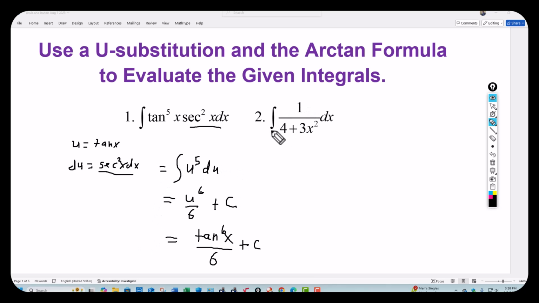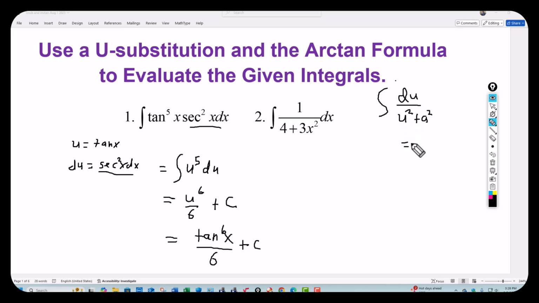Now this is the one that's going to involve the formula for arctan. So we've got to put it in that form. So the formula was, the integral has to be of the form du over u squared plus a squared, or it could be the other way around, a squared plus u squared.